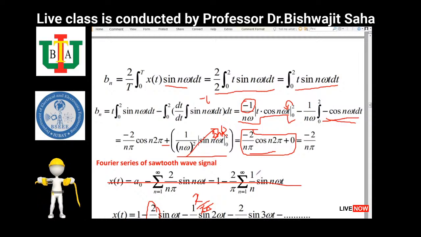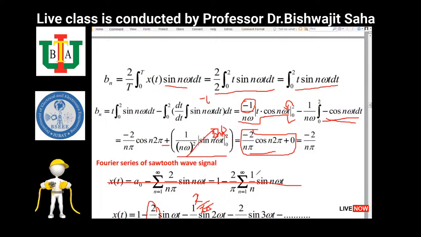Oh, okay. The reason behind it, okay. Your problem is n. Where is n? If n is 1, then what? Cos 2 pi. If n value is 2, then cos 2 into 2 pi, right?